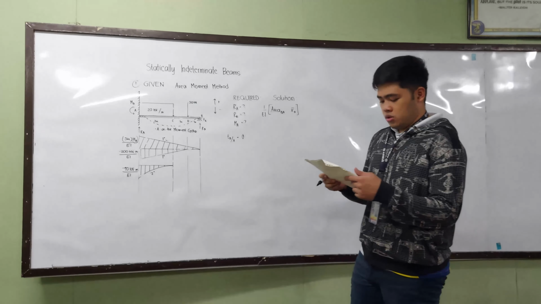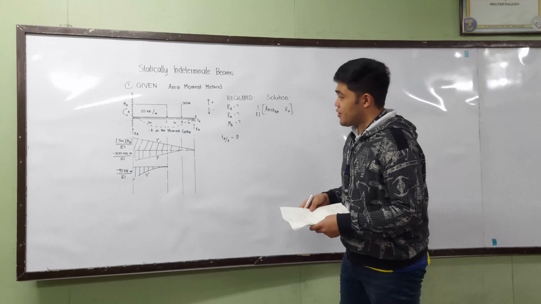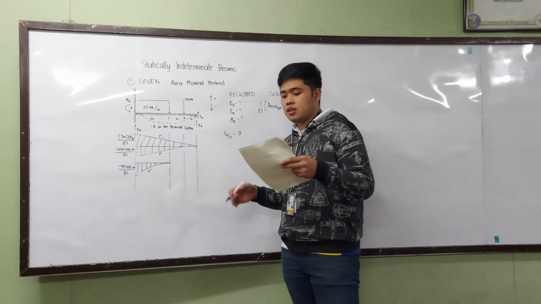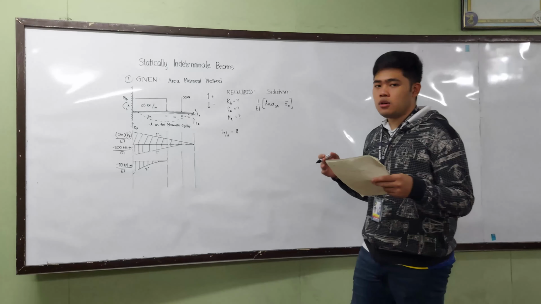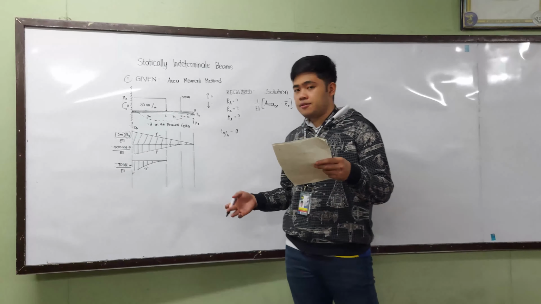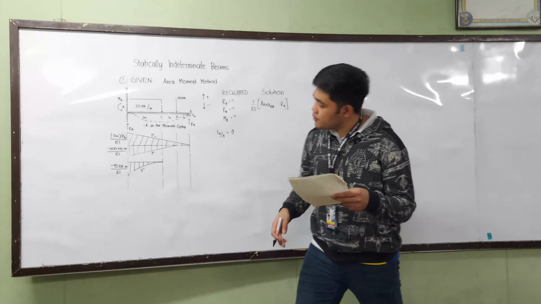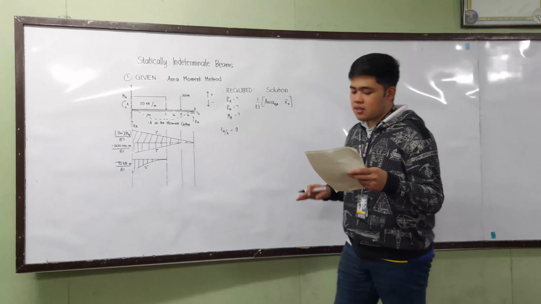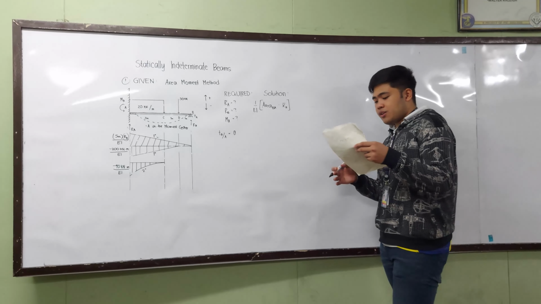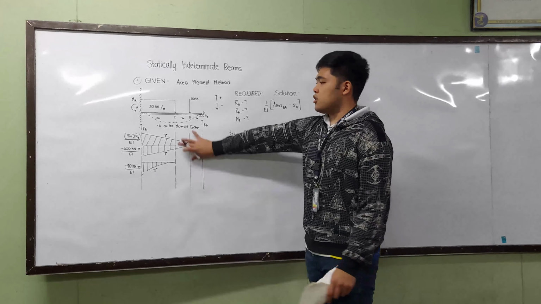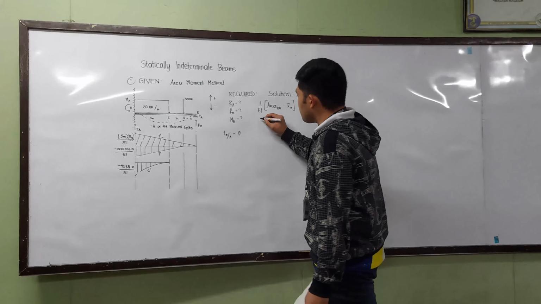So, we'll start from area. Oh wait, before I move on, as we all know, the area of a triangle is 1/2 times base times height. And the area for things like this is 1/3 times base times height. So, starting from this, we start from 1/2.